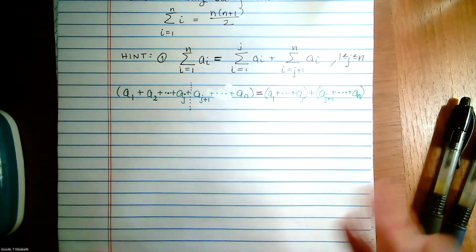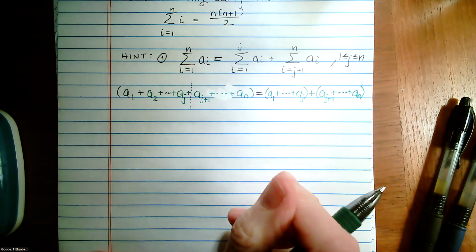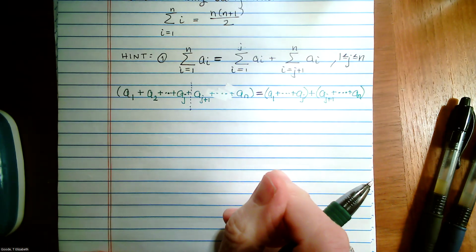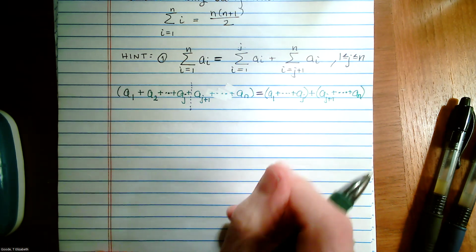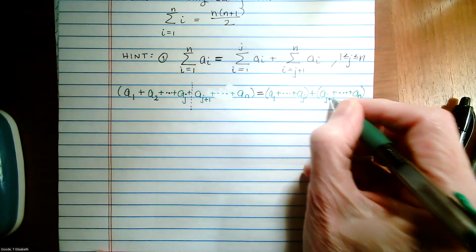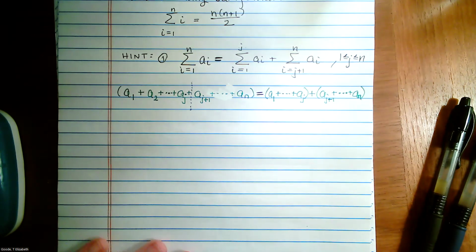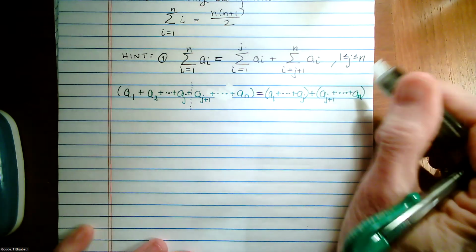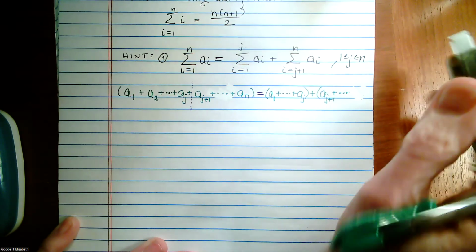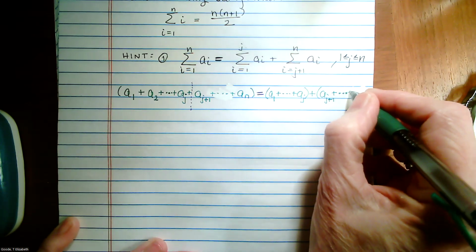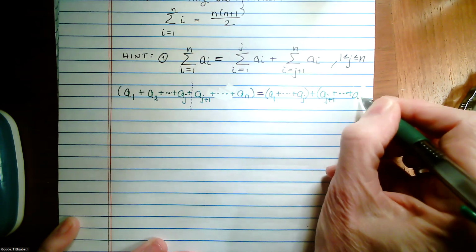So is it like a sub n meaning a sub j plus n? No, this is j plus 1, and this would just be a sub n. We don't know what j is, and we don't know what n is. We just know that n is bigger than j.